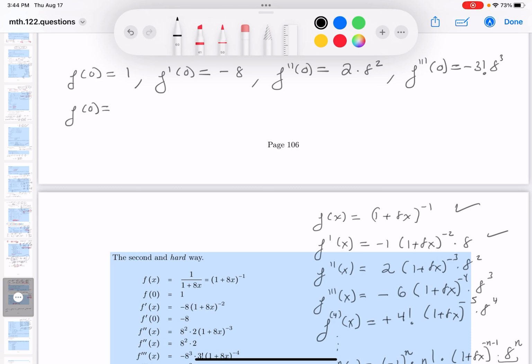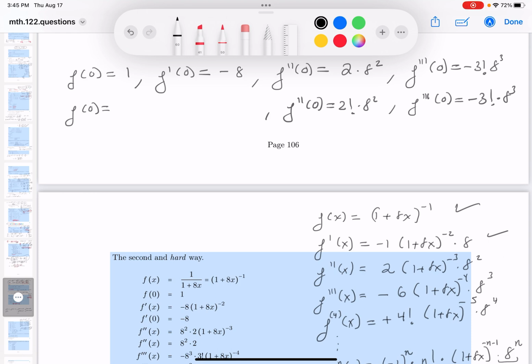Certainly note there's a 1 there. Let me go backwards. Might be a little easier there. F triple prime is minus 3 factorial times 8 cubed. F double prime, I'm going to say 2 factorial times 8 squared.